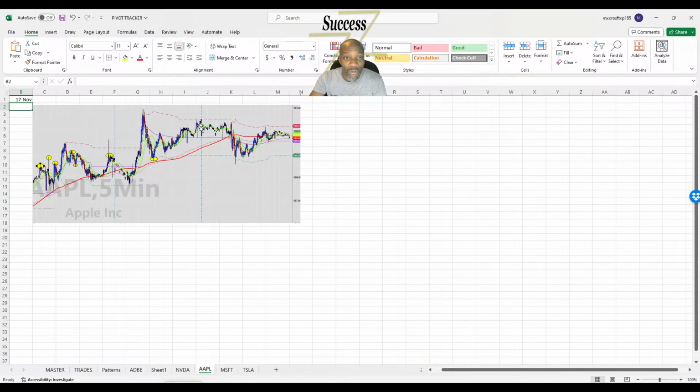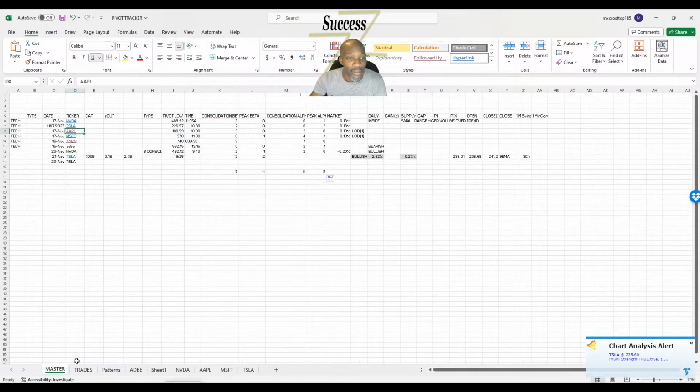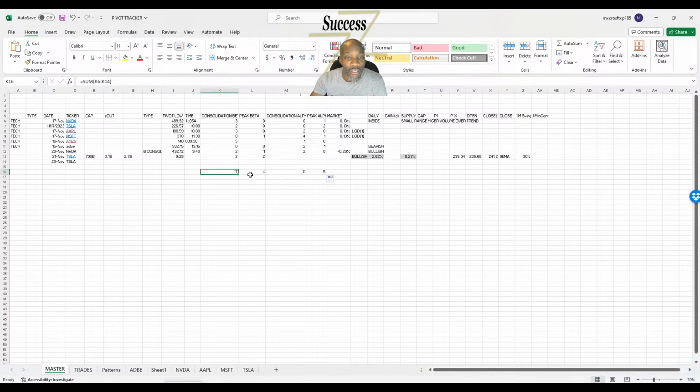So in order, we're going to tend to see larger bullish runs starting from consolidation beta, then consolidation alpha, then peak alpha, and then peak beta.